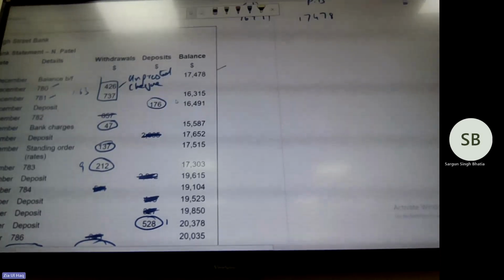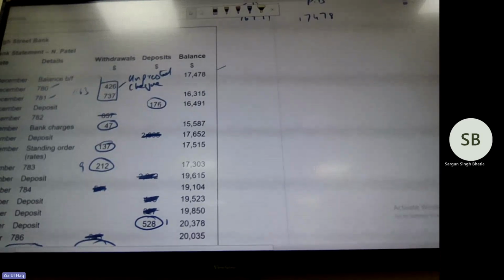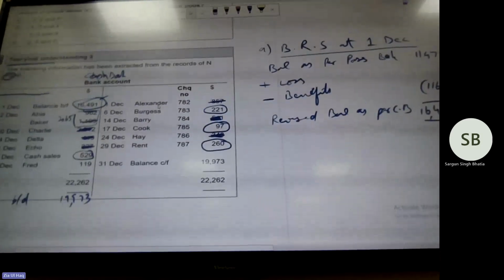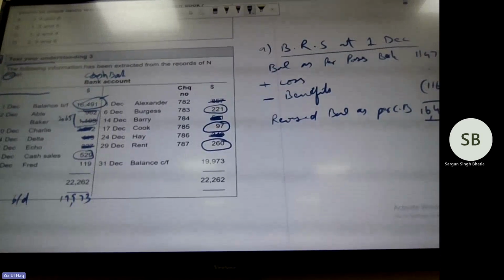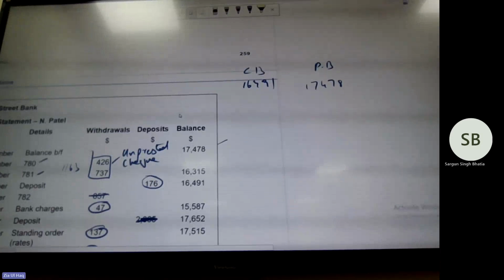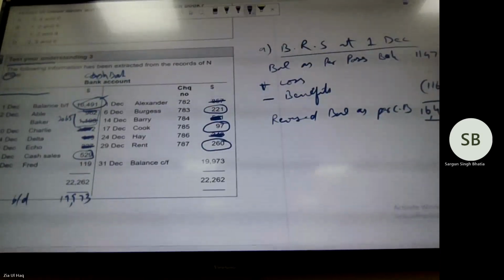So this could be related to uncredited checks of the previous month. And uncredited checks, we add them to the passbook. How much is the amount? 176. Now see if this balance tallies.